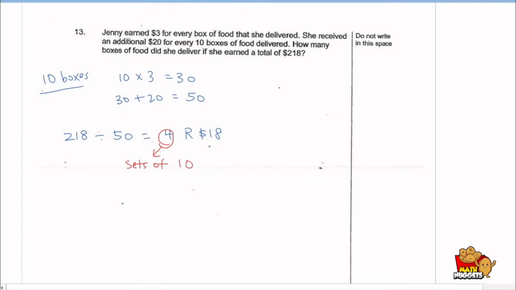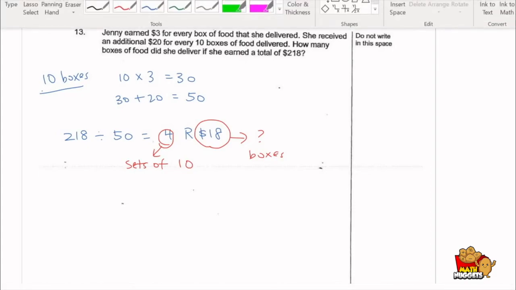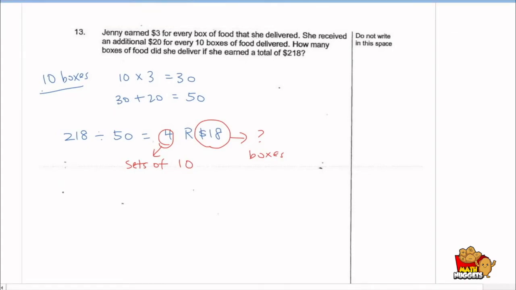Okay, so next, this $18 will come from how many boxes? We got to find out. So $18, each box she would earn $3, right? So the $18 will come from 6 boxes.